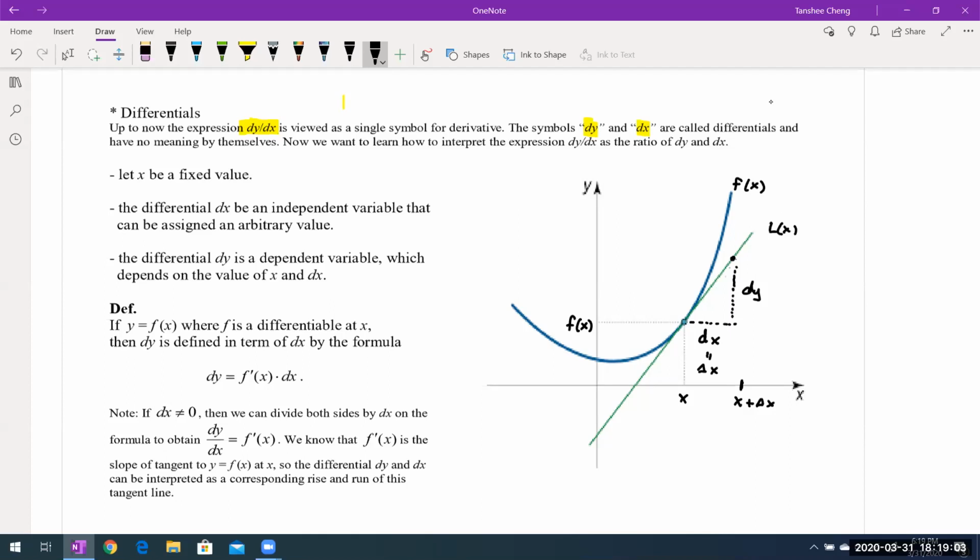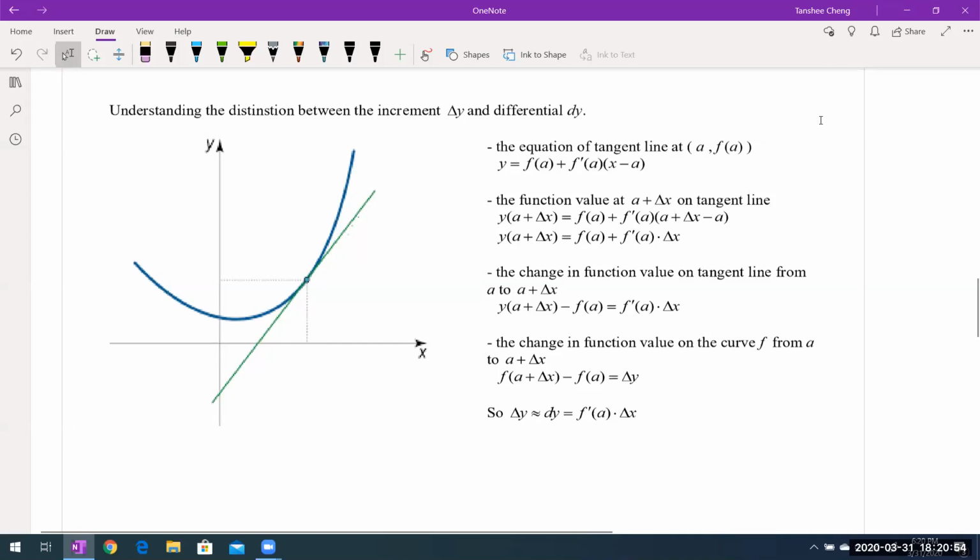Okay. And when the value of dx is not equal to 0, if we divide both sides by dx, then we get back to the derivative format. dy over dx is equal to f prime of x. So now we can talk about dy over dx as a ratio, which is interpreted as the rise over run of the slope of the tangent line. Is there any questions so far before we move on from here?